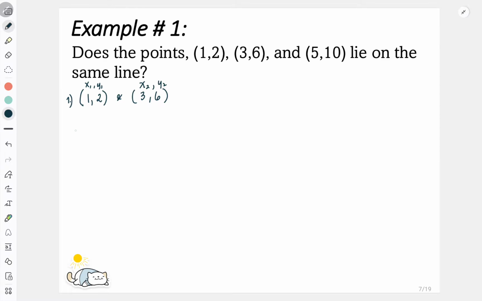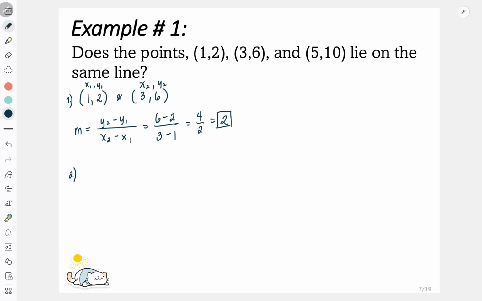We know that the slope of the given line is simply equal to y sub 2 minus y sub 1 all over x sub 2 minus x sub 1. That is simply equal to 6 minus 2 over 3 minus 1, which is equal to 4 over 2, which is equal to 2.